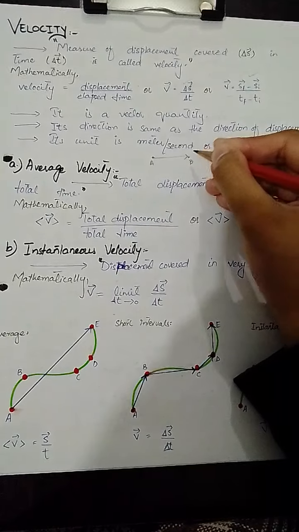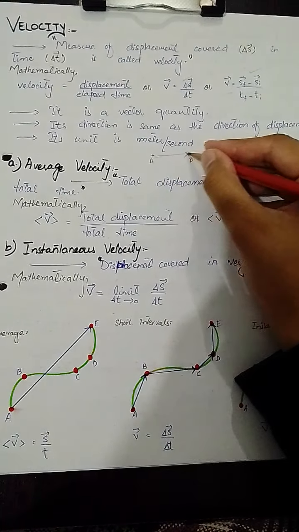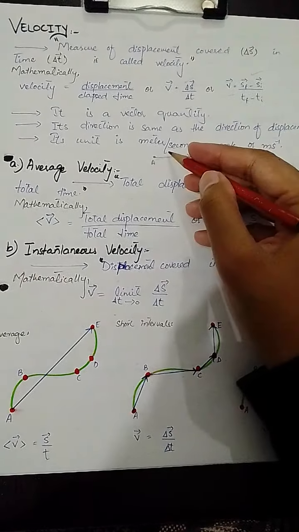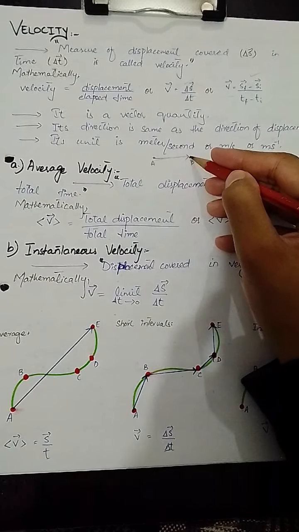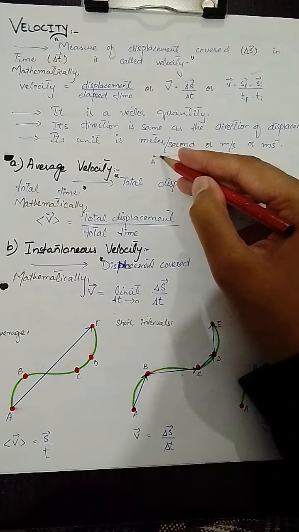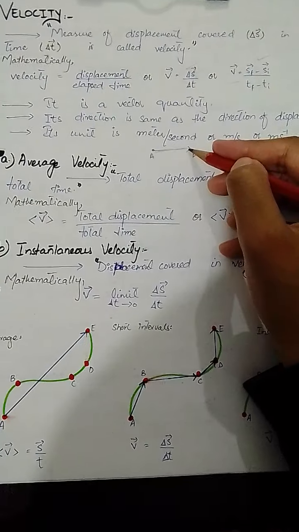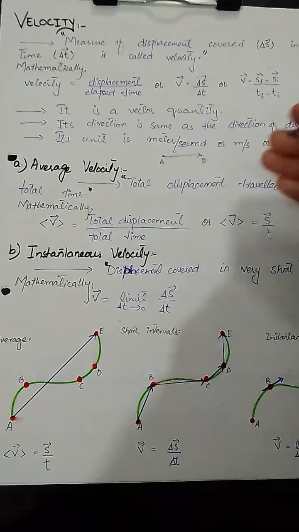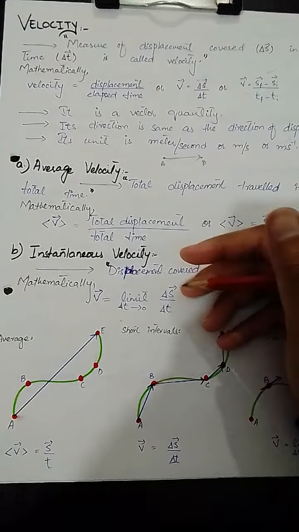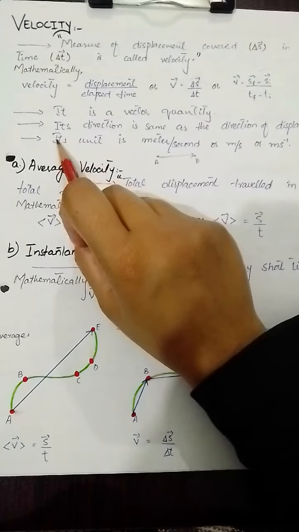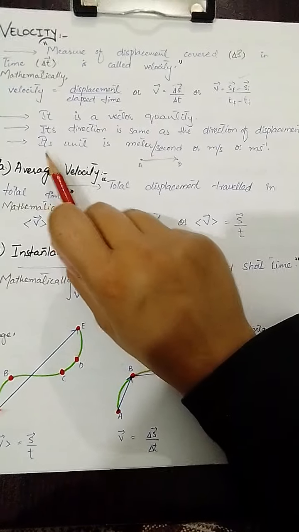Displacement is the shortest distance which has a direction, right? So in this case, this is the direction of displacement, and again this is the direction of velocity as well. So velocity has the same direction as the displacement.